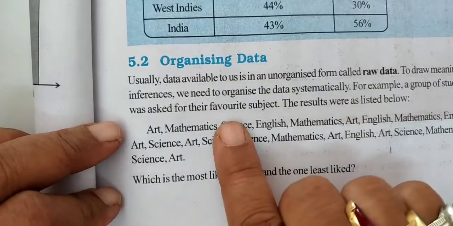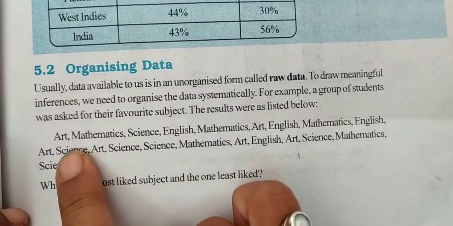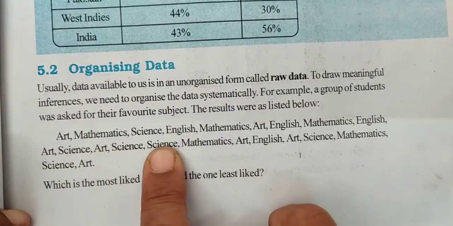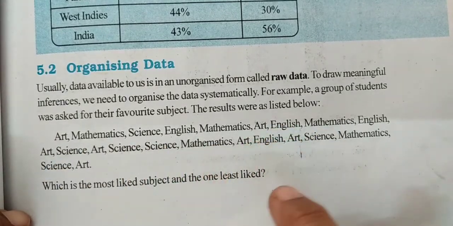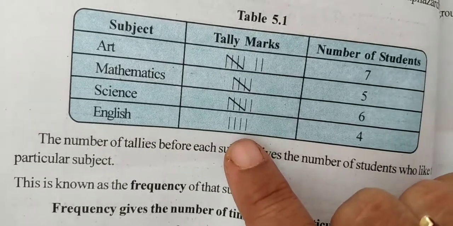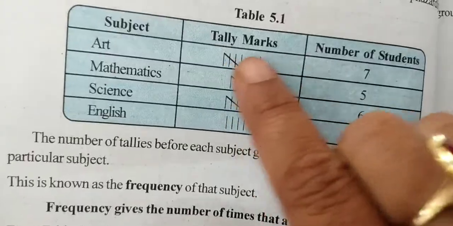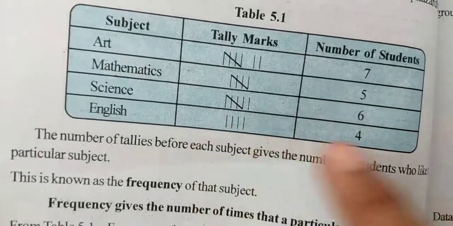Then science: 1, 2, 3, 4, 5, 6. So a group of 5 and 1 single line. Like that for English also you will do. Now you count and write: 5 plus 2, 7; 5; 5 plus 1, 6; 4.